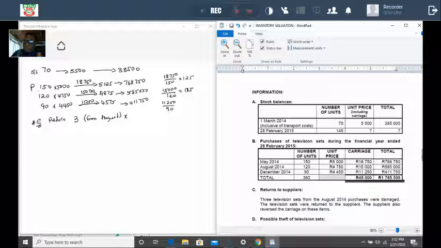In August, we bought them for 4,750, and since the supplier is going to reverse the carriage, then similarly when we're doing the calculation, we have to also add the carriage there. But what we are looking at now is what is our closing stock.